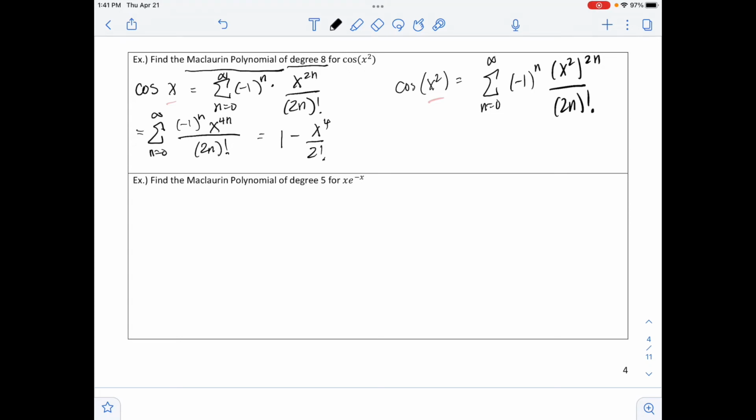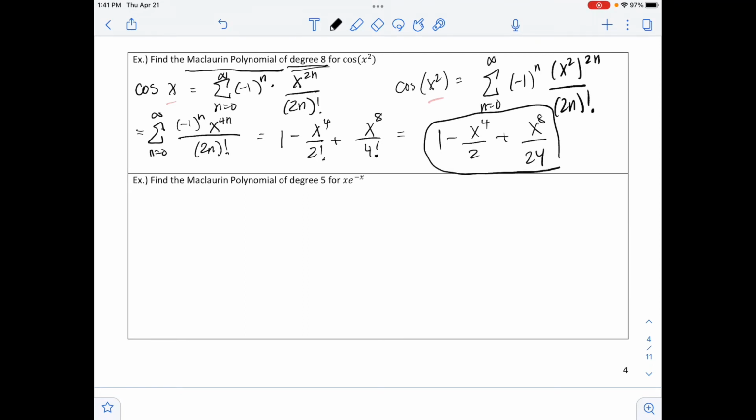So the next term we plug in is when n is equal to 2 for our third term. And so we would have a positive value, and then x to the 4 times 2, or x to the 8th, over 2 times 2 factorial, or 4 factorial. And so this would simplify to 1 minus x to the 4th over 2 plus x to the 8th over 24.